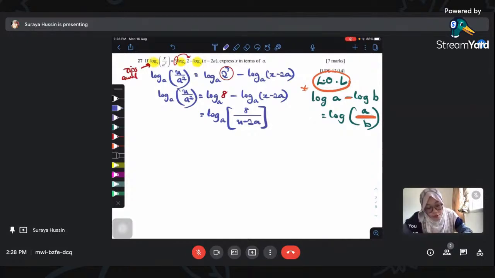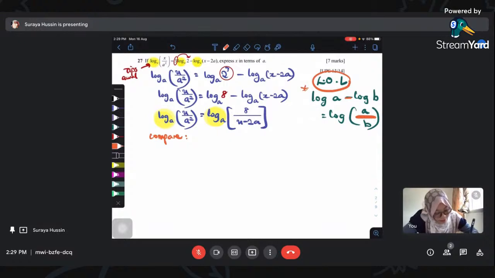Okay, and then you can literally compare it with the left hand side here. Disebabkan kamu dah ada log base A yang sama di belah kiri dan di belah kanan, bila dia dah sama, means you boleh compare. You can start to compare already.